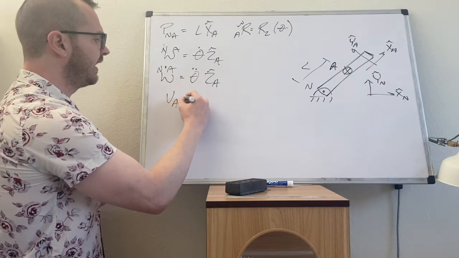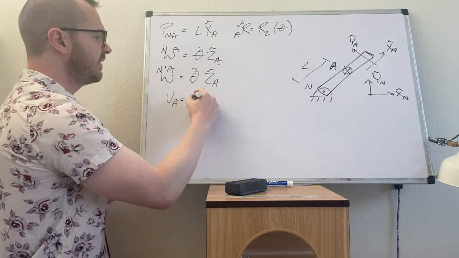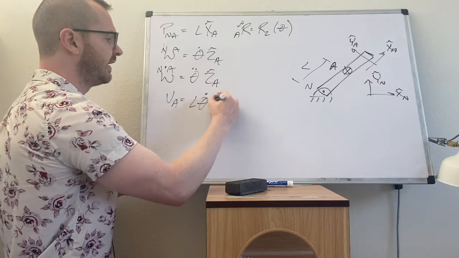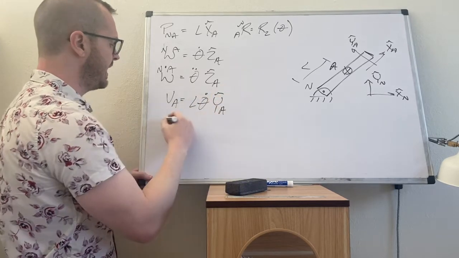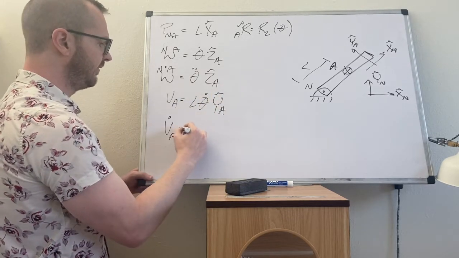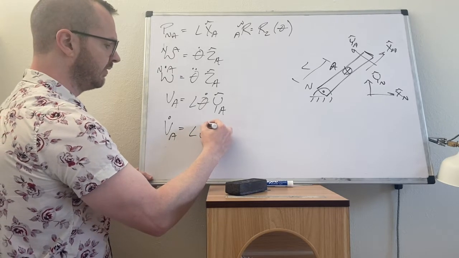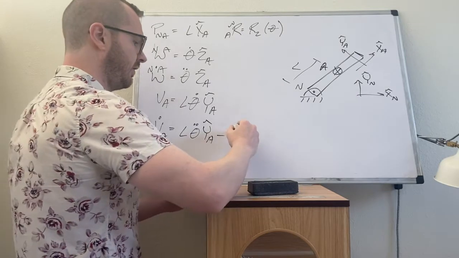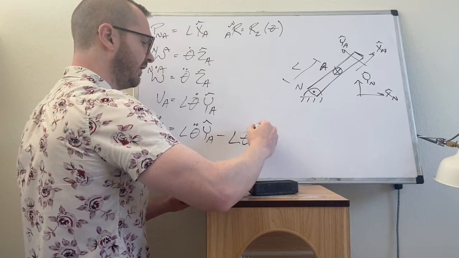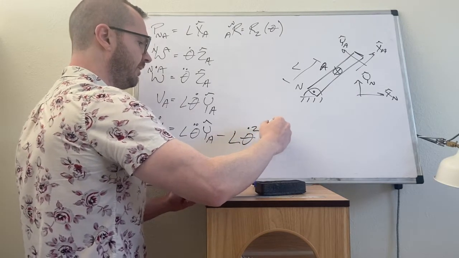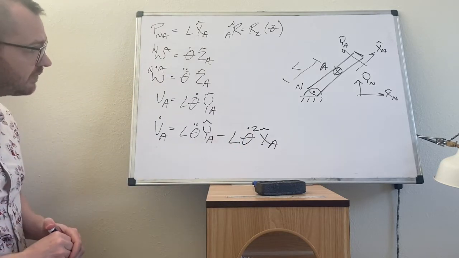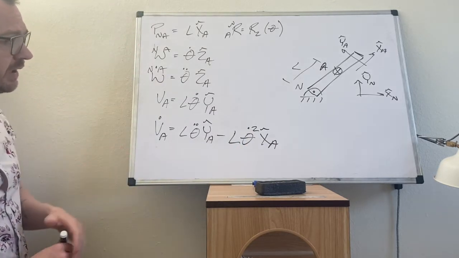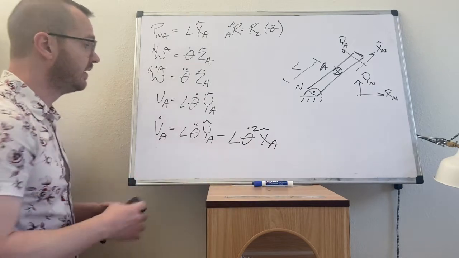So linear velocity, ddt of P N A, that's going to be L theta dot y hat A, and VA dot is L theta double dot y hat A minus L theta dot squared XA. At this point, you should be more than comfortable doing these things and doing them quickly.